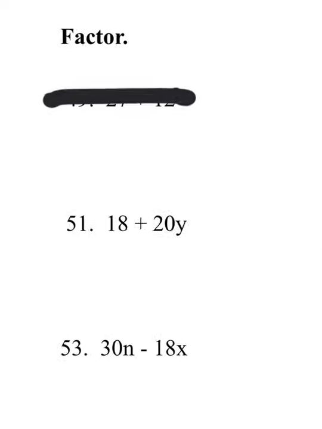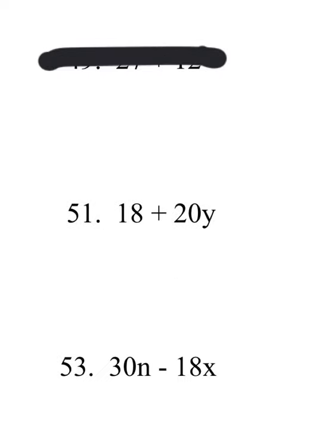And then finally, our last section, we are going to be factoring, which means we're taking pieces out. For 51, we have 18 and 20. And I know that I can take two out. Divide by 2.